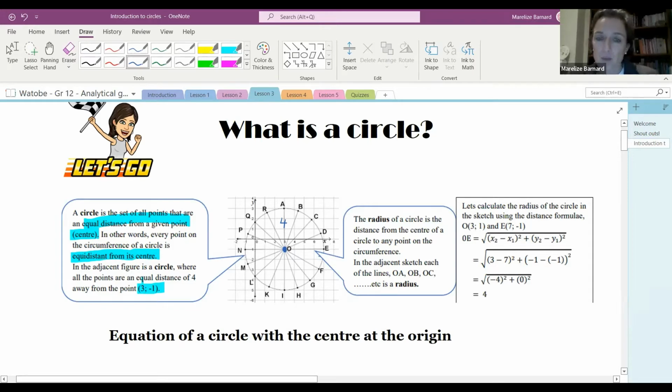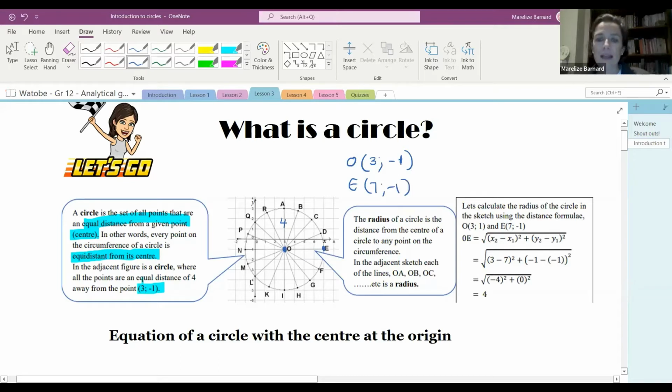So back to our question here, if we have these 2 points, point O, that's the center of our circle, which is (3; -1), and we have point E, which is this point over here, and those coordinates are (7; -1).